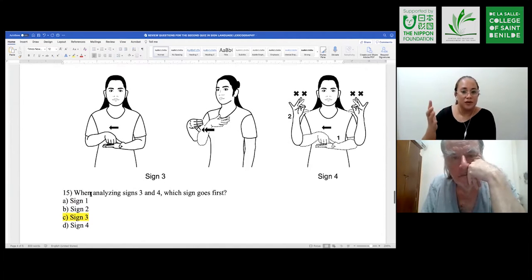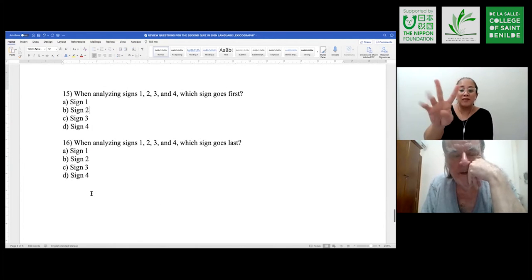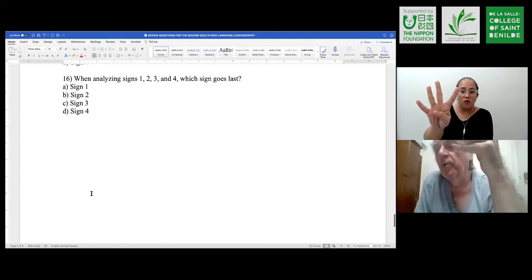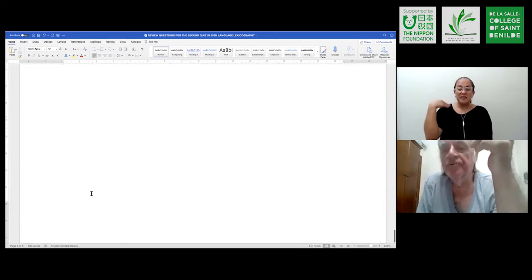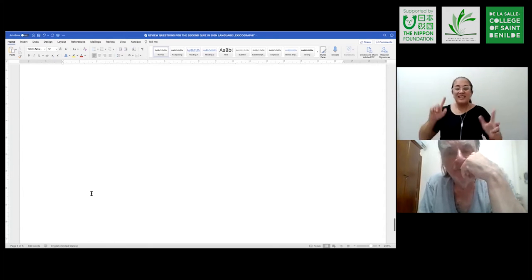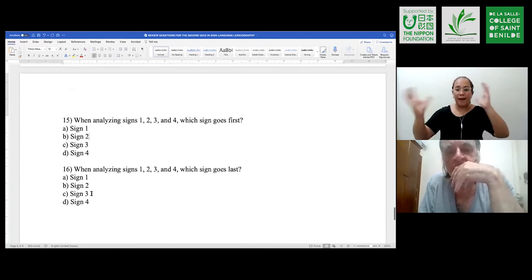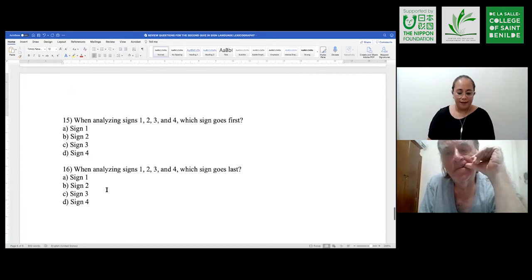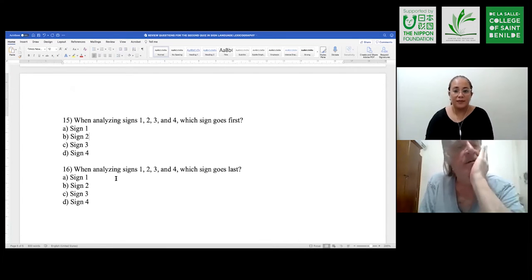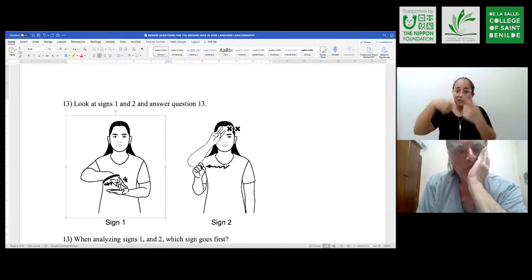Jack is asking that are we going to refer to these signs, the 1, 2, 3, 4 earlier? Yeah, the same signs as before. But now, before we were only looking at 1 versus 2 or 3 versus 4. Now we're looking at 1, 2, 3, 4 all together. So which sign goes first? Jack is signing. Let me just fix for a moment the page.